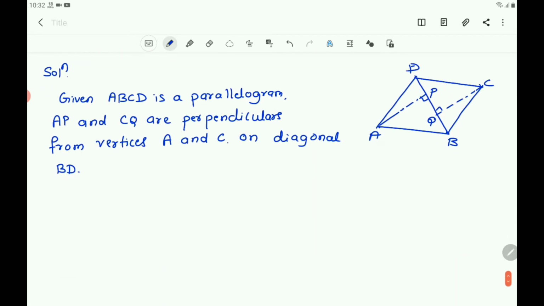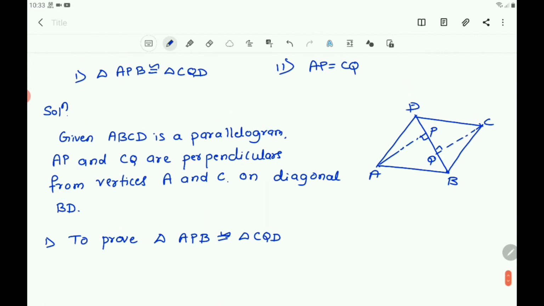So you write, to prove: triangle APB is congruent to triangle CQD. Here is triangle APB and here is triangle CQD, and we have to prove that they are congruent.